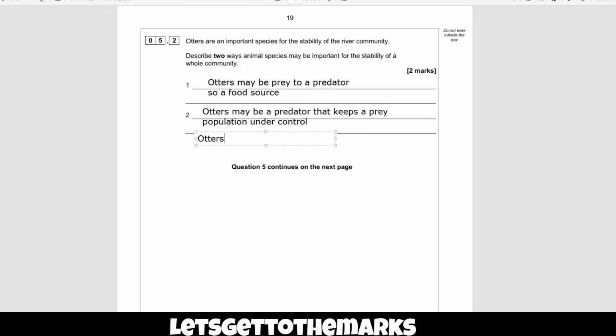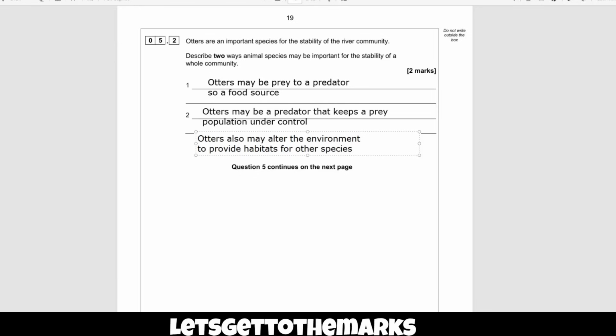Otters also may alter the environment. Now, I get mixed up with otters and beavers for some stupid reason, but I can't remember what otters do. But they might make their dens or wherever they live out of sticks, and they may provide habitats for insects and other things. So also may alter the environment to provide habitats for other species.